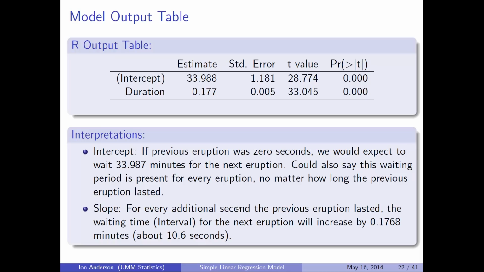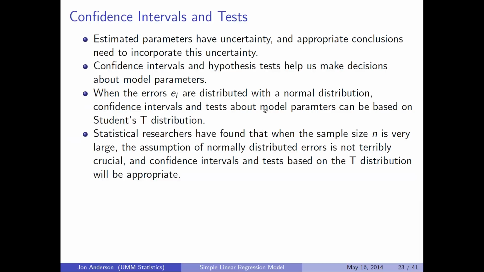So for an additional second that the geyser erupted, you should expect to wait about 0.177 minutes, which is about 11 more seconds. So for each second longer the previous eruption was, you should expect to wait an additional 11 seconds or so for the next eruption to occur.